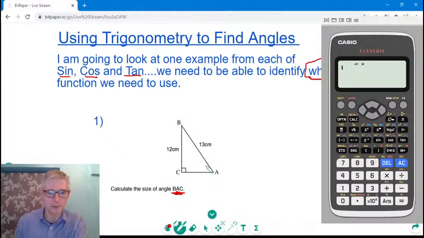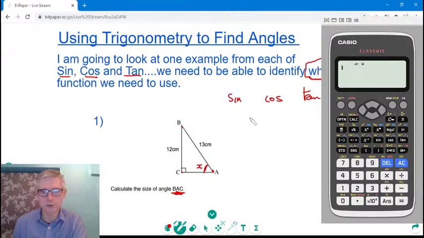The middle letter is where the angle is that we're looking for, so I'm going to call that X. That's where angle X is. We need to decide whether to use sine, cosine, or tangent in this one.